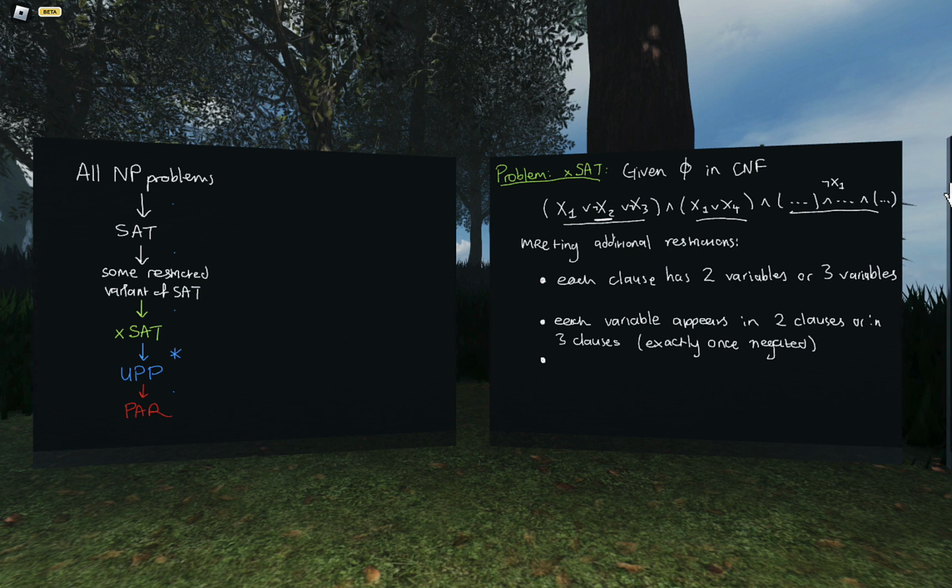It has to occur 2 or 3 times. So in some other clauses, it must occur, and it must occur positive because it's already occurred negated. It could be in 2 other clauses out here. Same for x3 and x4. Maybe it's going to occur again. It has to occur again at least once negated, and maybe it's also going to occur again as just x4 without negation.